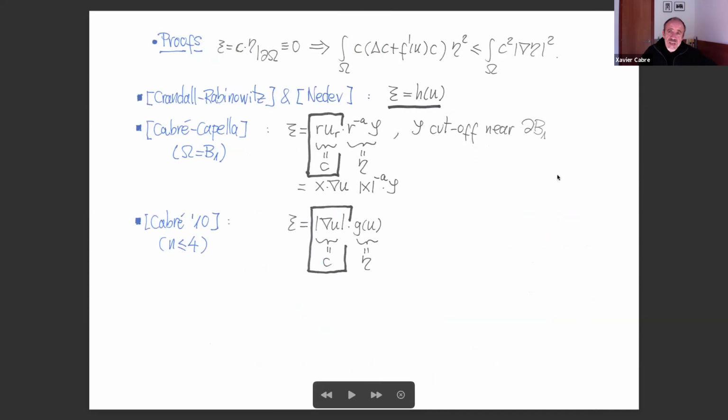Okay, instead here, well, the papers by Crandall-Rabinowitz and by Nedev don't use this c function, and they work directly with xi, and they take xi to be a nonlinear function of u, right?